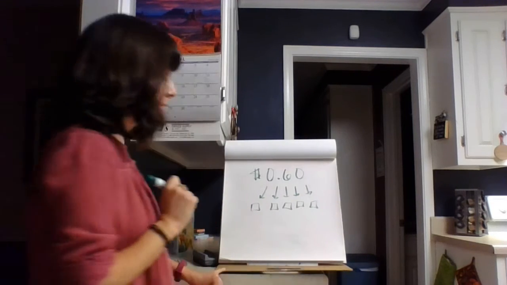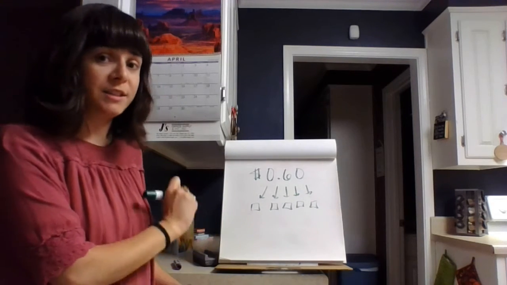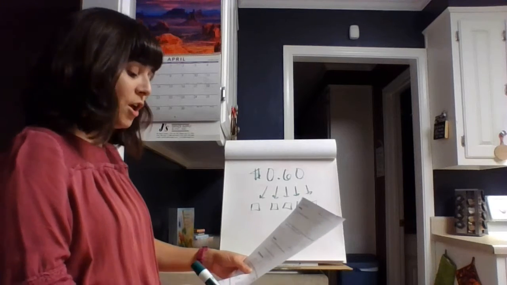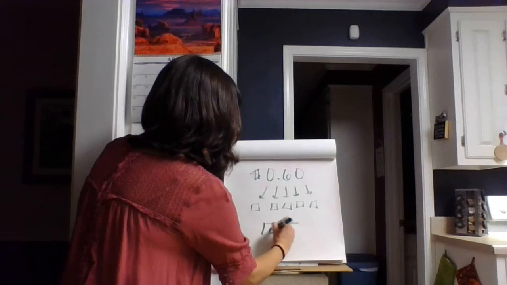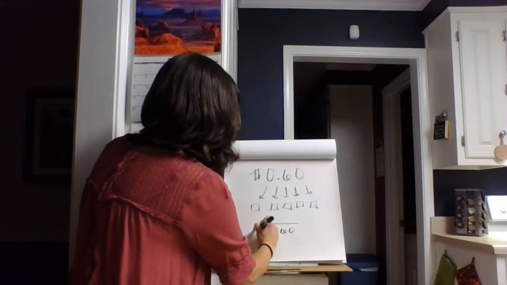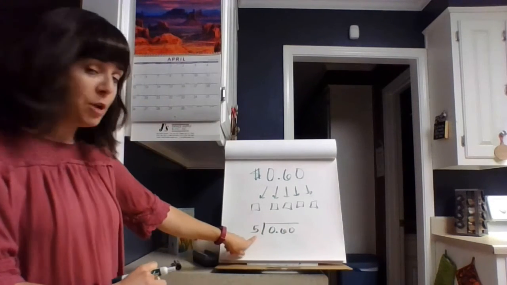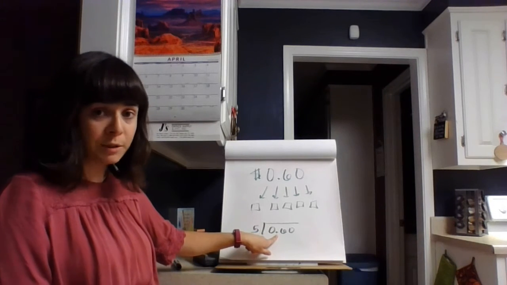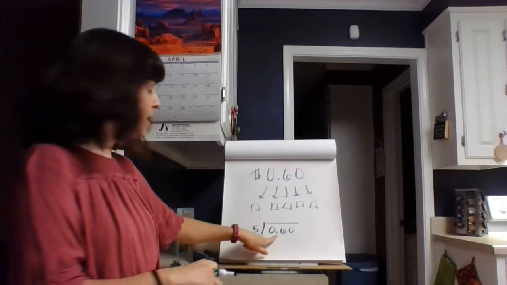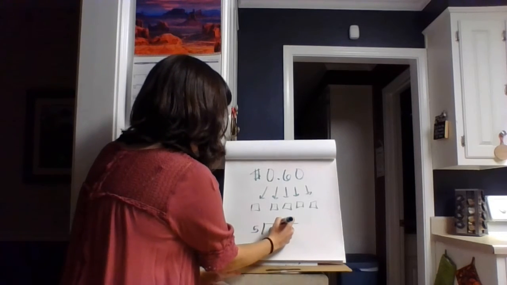So really we're taking this 60 cents and we're splitting it into fifths, or we're splitting it by 5, which means that you would divide. So just like we did on the first problem, I have 60 divided by 5. Since I have a happy whole number divisor, I'm not going to move the decimal left or right. I don't need to multiply or divide by a power of 10. I'm just going to bring that decimal straight up.